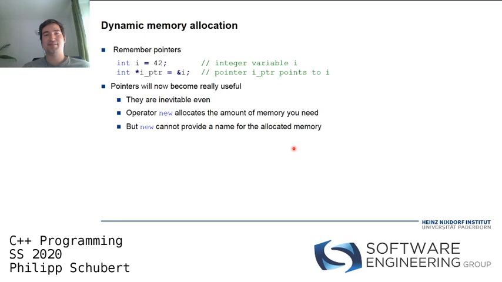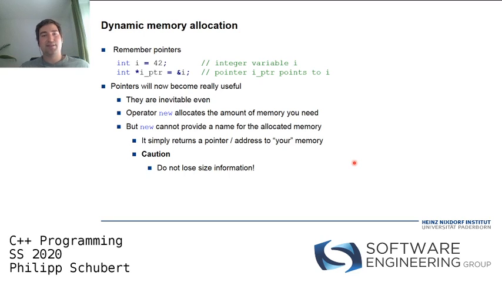So the operating system will allocate some memory for you and will give you not a variable name, because again, it cannot just make up variable names for you. And therefore, it just gives you the address where that piece of memory that it has allocated for you sits. And then you can use it via the address. So again, it simply returns a pointer, or aka address, to your memory.